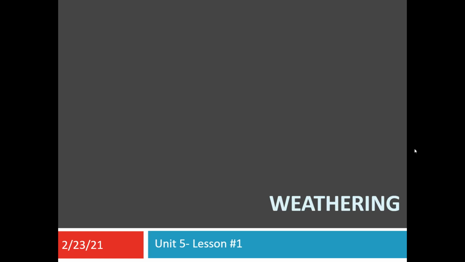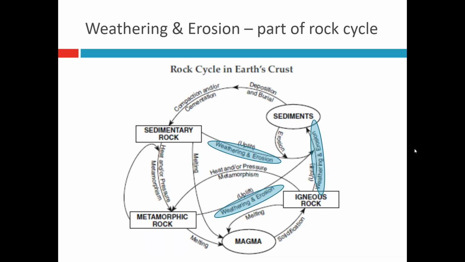Okay, so let's start just by looking at the rock cycle. This is something that we observed and looked at a little bit a while ago when we were talking about the evolution of rocks and how they change from one type to the other. You'll notice that right in the middle of this whole entire thing is this process of weathering and erosion, our next unit here.